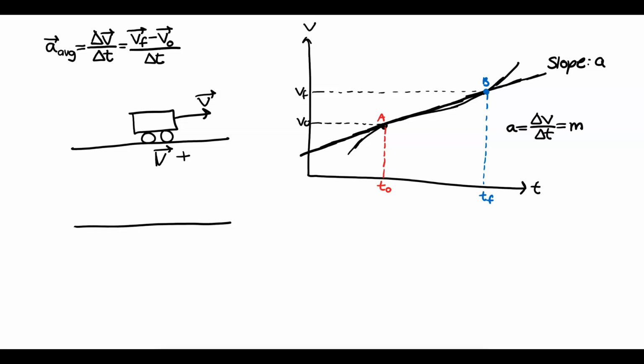And if it's going in the negative direction, so leftward or downward, then the x component of the velocity will be less than 0. It will be negative.